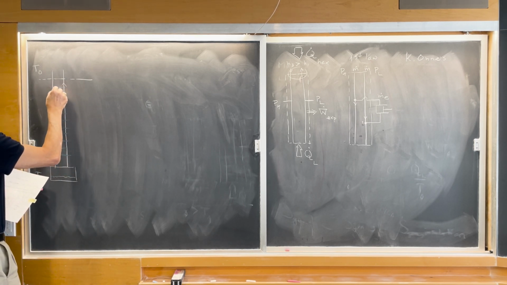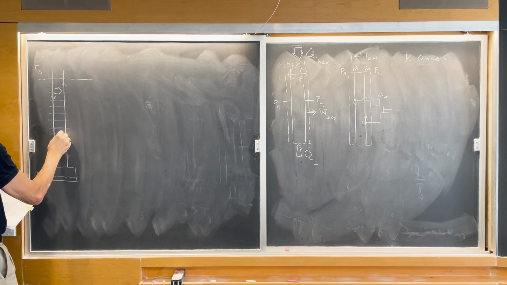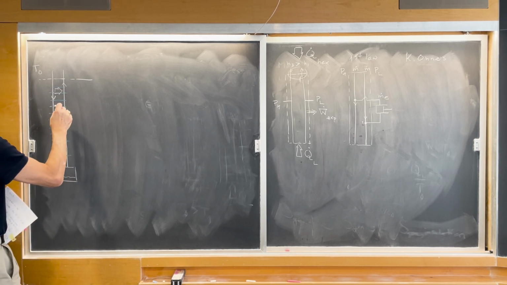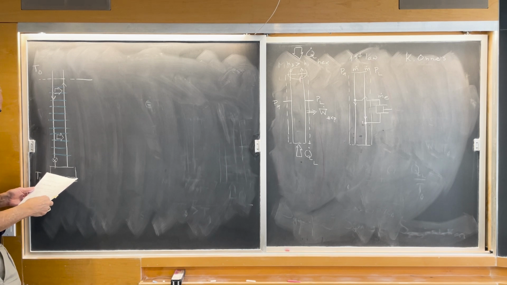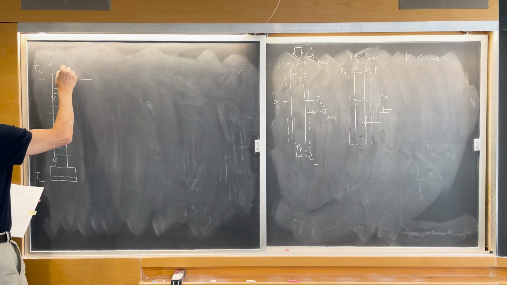Obviously, the heat exchanger has the purpose of doing this side-to-side heat transfer. And the mass flow rate coming from the top is m dot, and exiting is m dot.